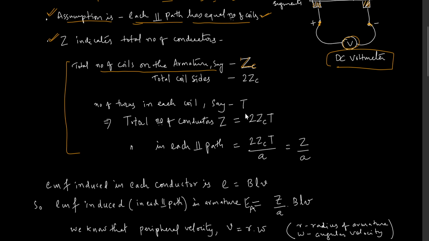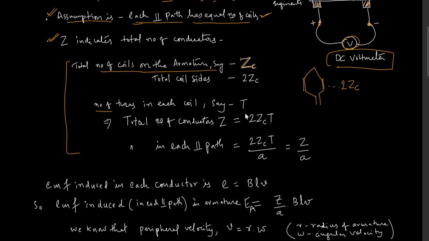Then total coil sides will be 2 times Zc. This is a coil, and this is one coil side and this is one coil side. So each coil has 2 coil sides, and if I multiply by 2, I get the total number of coil sides on the armature.